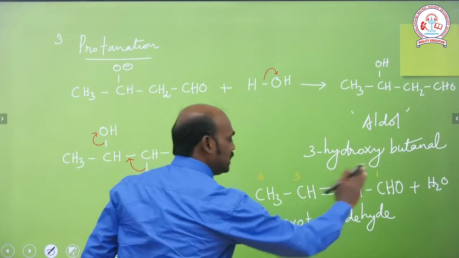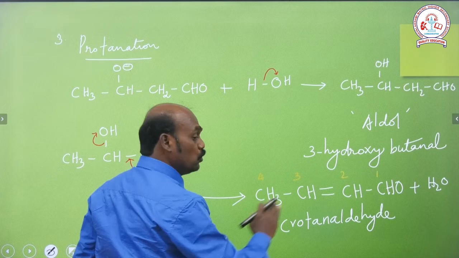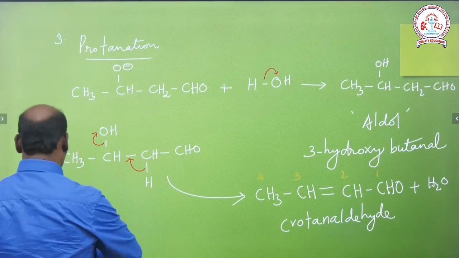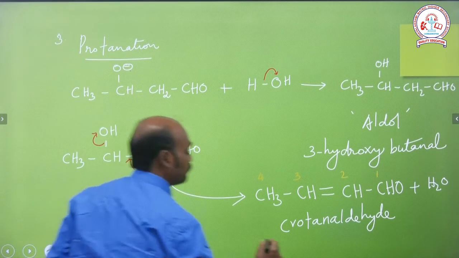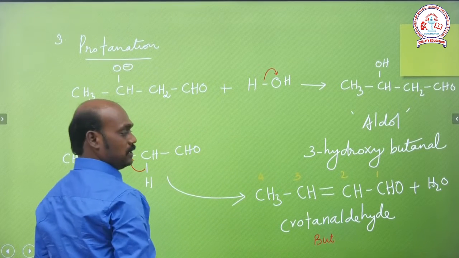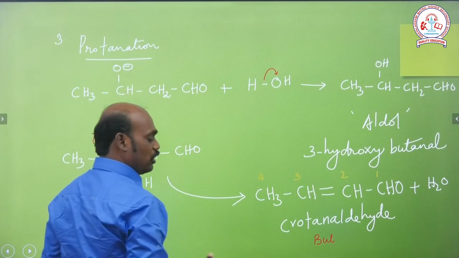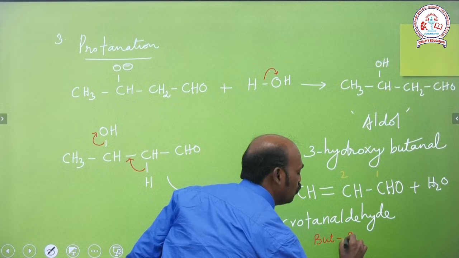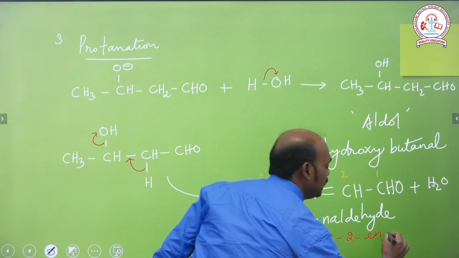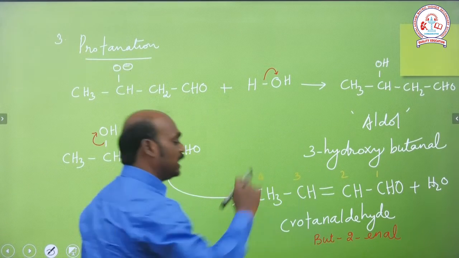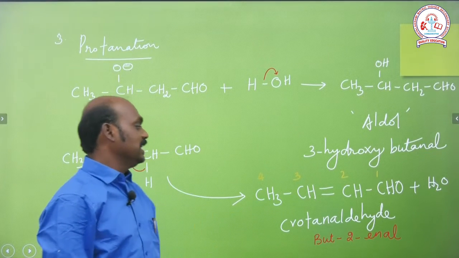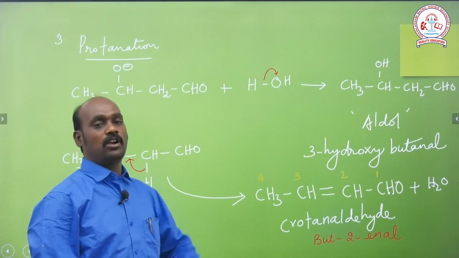Totally 4 carbons are there, that is why it is named as but. But means the compound containing 4 carbons. The double bond is present at the second carbon, so but-2-ene. The last letter e is replaced by al because this compound contains the aldehyde functional group. So, but-2-enal is the IUPAC name of crotonaldehyde.